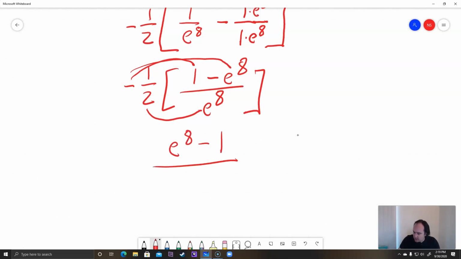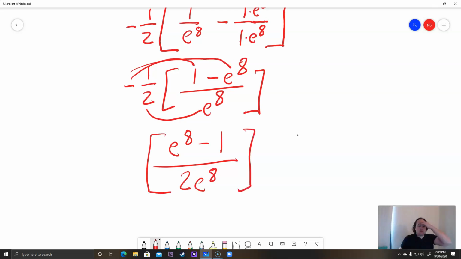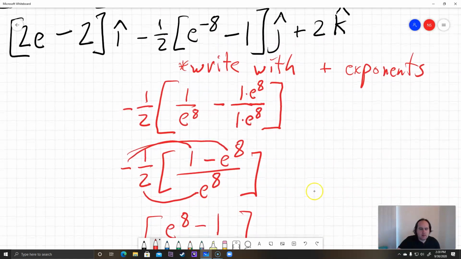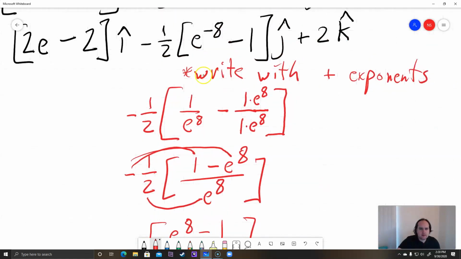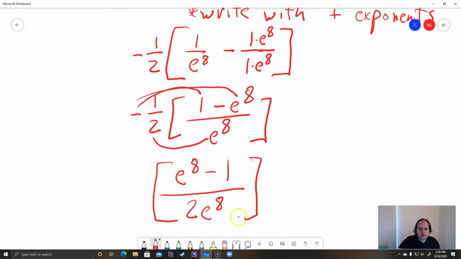And then on the bottom, we're going to have 2 e to the 8. So unfortunately, they want you to simplify all that, and it takes a while to simplify it. Okay. All right. So that's the second component. So that's going to be times j.